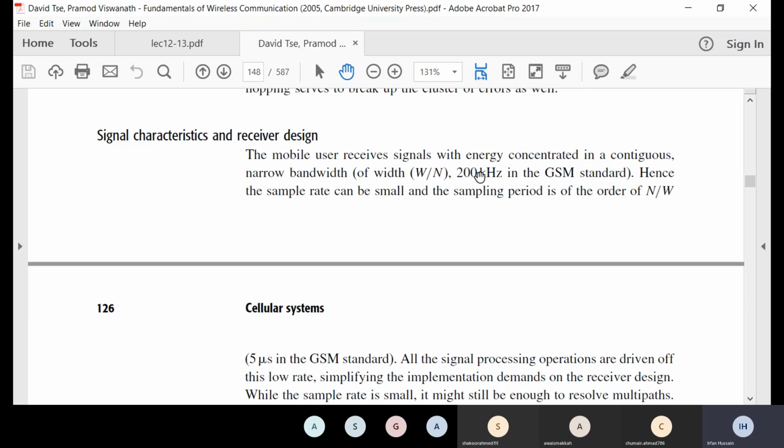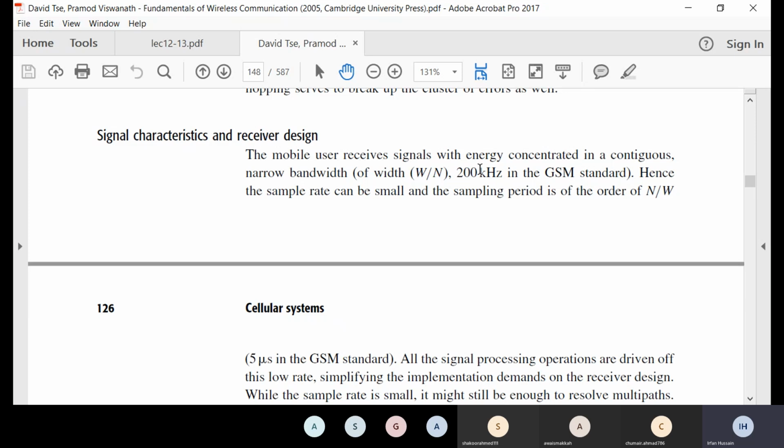If I have 1 over W, or 1 over this N over W, 1 over 200 kilohertz, bandwidth is actually yes, 200 kilohertz. Remember this, once I say 200 kilohertz GSM, this means this is not the baseband signal. This 200 kilohertz has been located at some passband frequency.